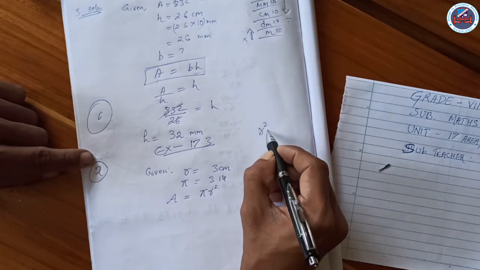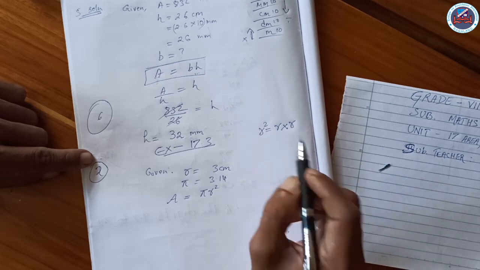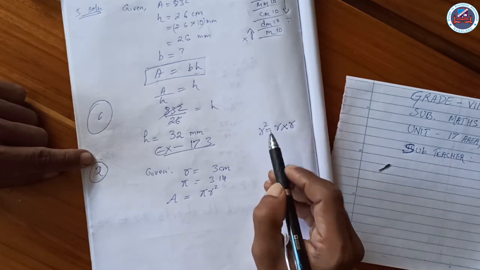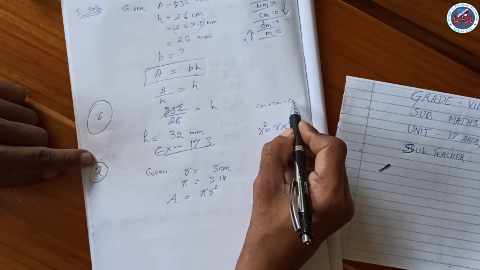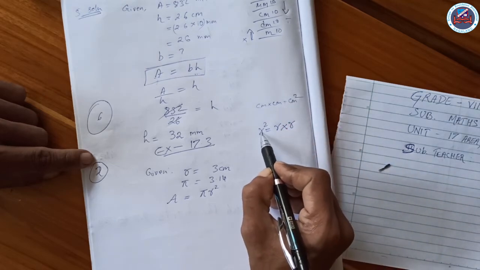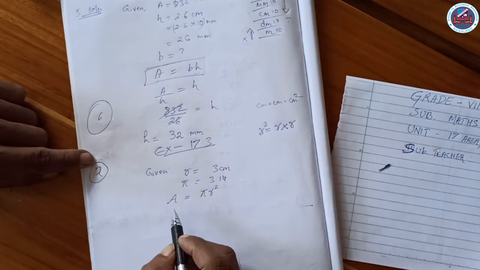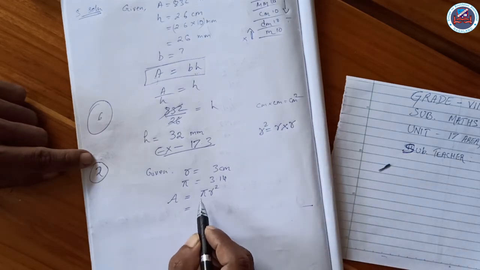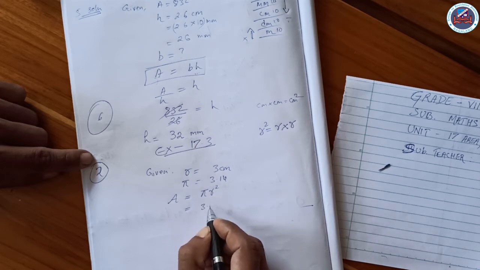R square means R into R. Just now I told you, no? R into R, R square. Centimeter into centimeter, centimeter square. R square you can write in these words. Let's do it. Pi is 3.14, it's given in the question.